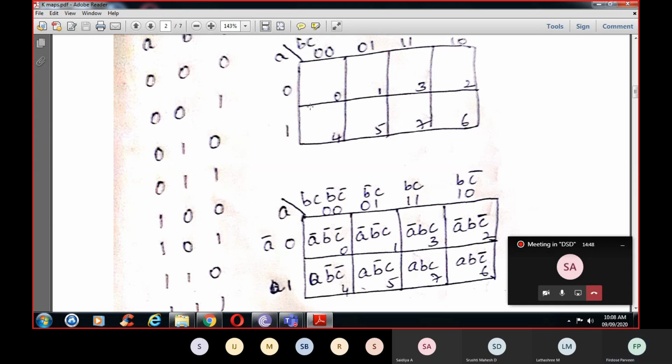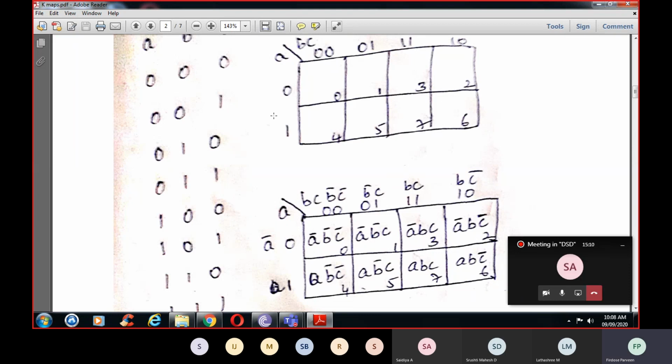We will draw it this way and we'll have altogether 8 cells, from 0 to 7. So this is cell 0, 1, I'll write 2 here, then 3 here. This method only you have to follow. This is 4, this is 5, here it is 6, and here it is 7.